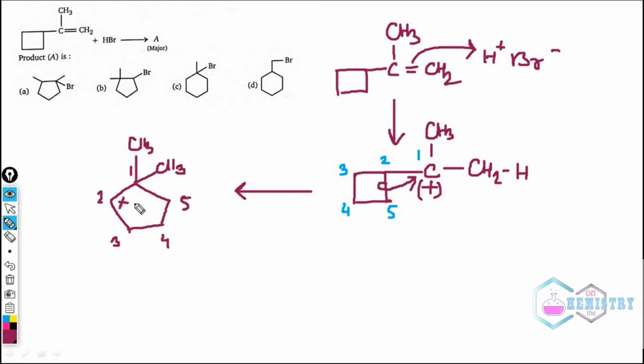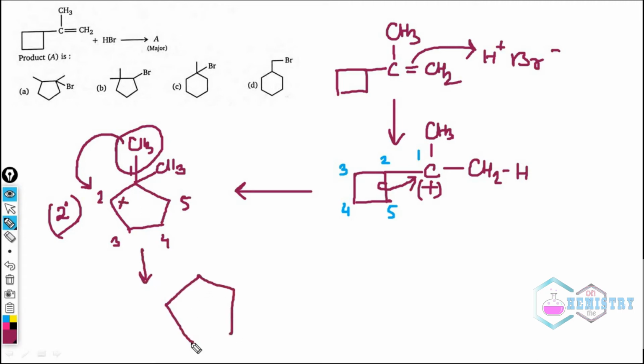Now what will happen? This carbon is a 2-degree carbocation, and from this carbon, this methyl will migrate to make the carbocation a 3-degree one. So the carbocation will shift towards carbon number 1.